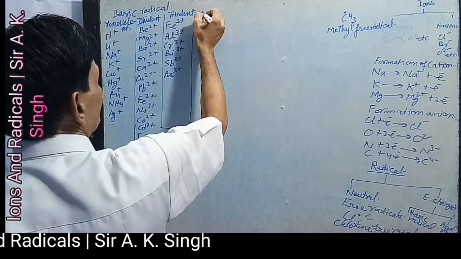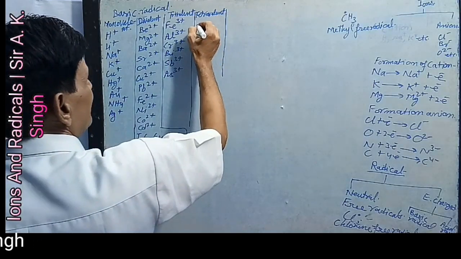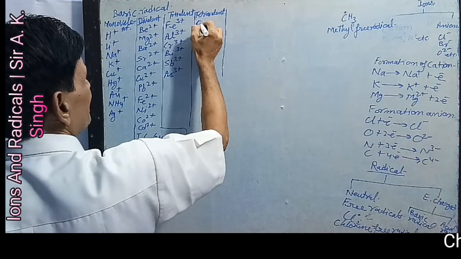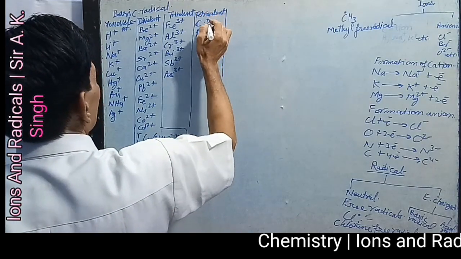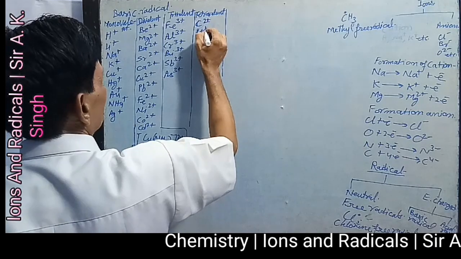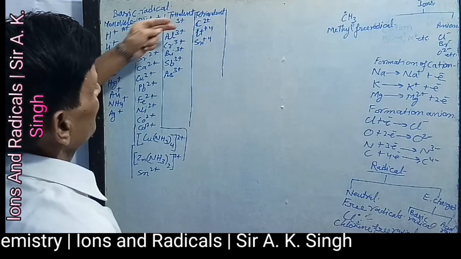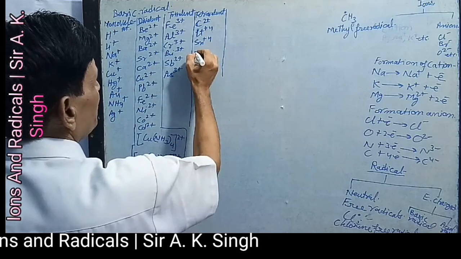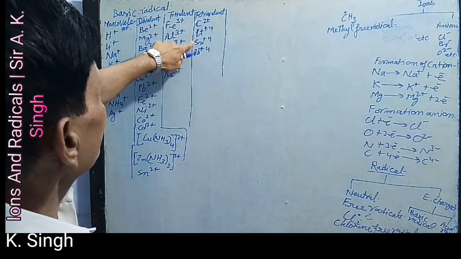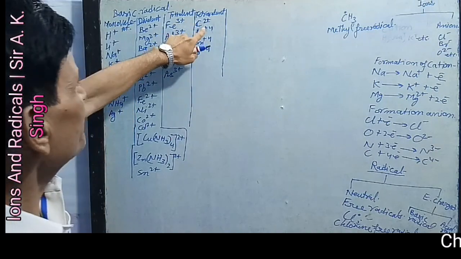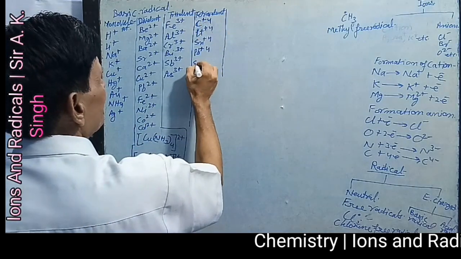Tetravalent. For example, like here carbonium ion, platinum ion, and tin, like that: platinum, tin, plumbic, Pb plus 4 ion, stannic, carbonium, carbon having 4 plus, silicon.